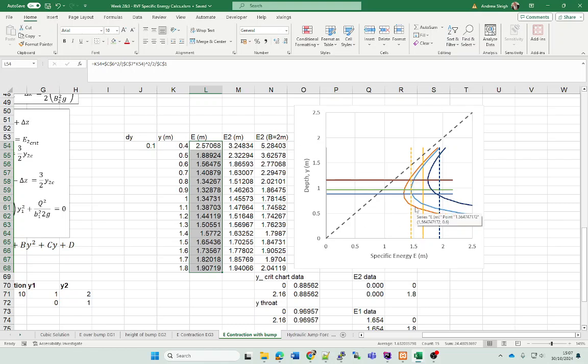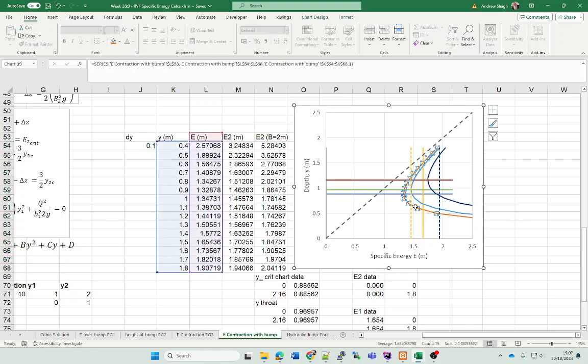Let's just look at the energy curves, what we started with. The first one we started off with upstream is this orange curve, and the two solutions that we're interested in are here. This is the energy data at 2. The blue curve is the energy at the contraction. And remember, we wanted critical depth here, so this is where critical depth is.